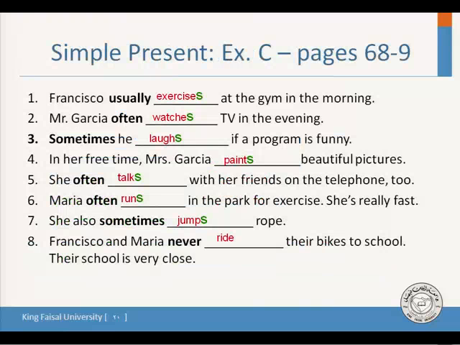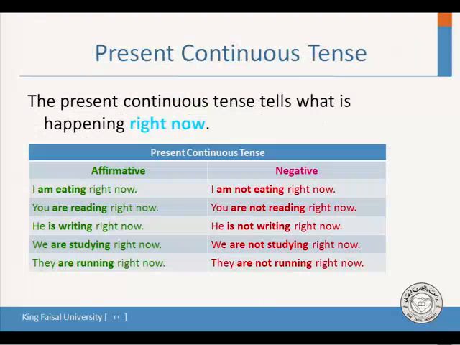In the previous slide, all of these sentences are about things that happen often or usually or sometimes as habits, routines. So we use the simple present, exercise, exercises, not exercising, not watching. But in the present continuous, what is happening now, at this moment? We use the ing with the verb.